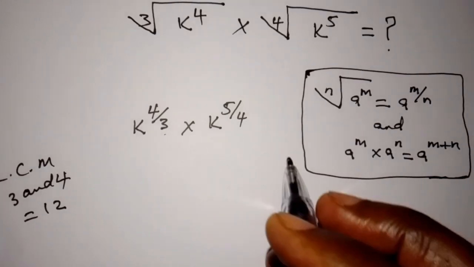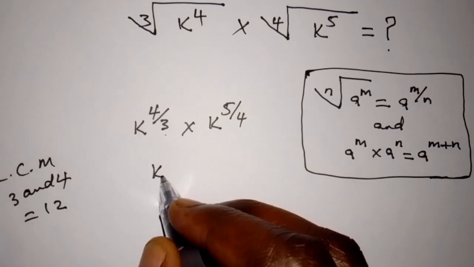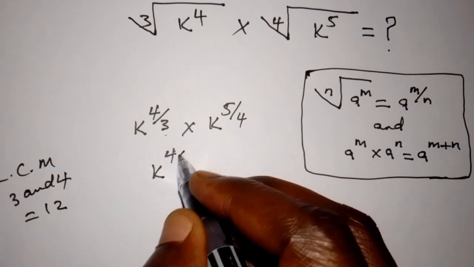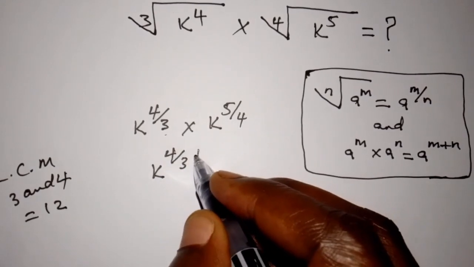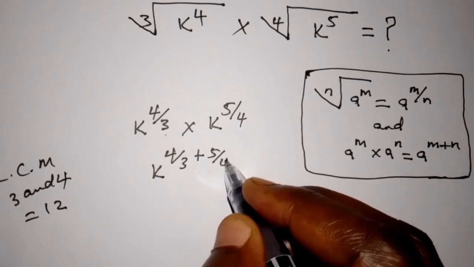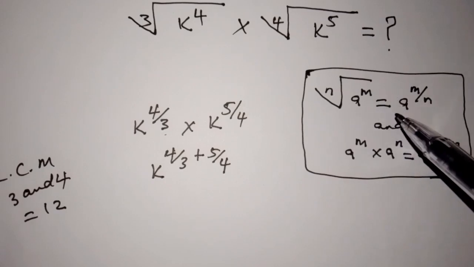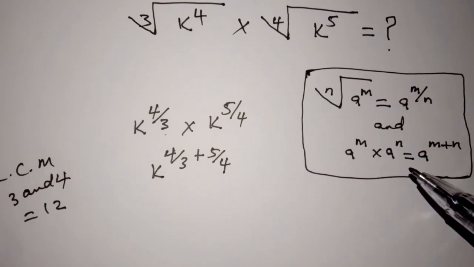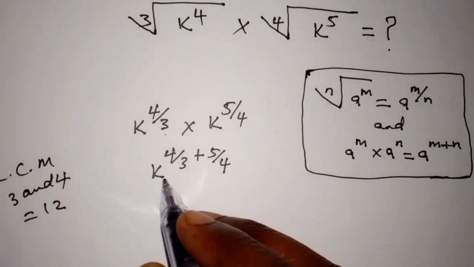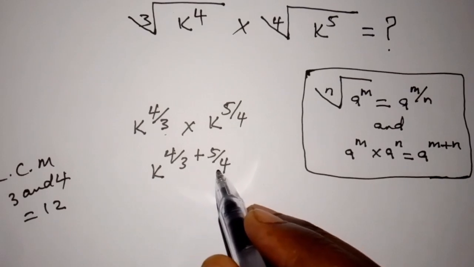So now we can say that this is k power 4 over 3 plus 5 over 4, according to these laws of indices. So from here we are going to find the LCM of 3 and 4.